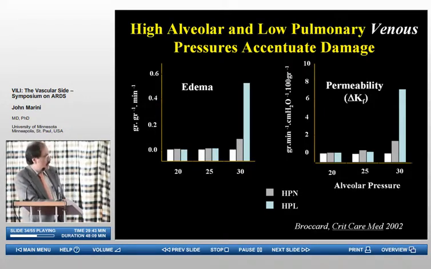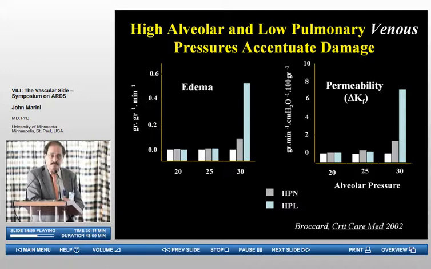In Brocard's study of lowering venous pressure, you can see that edema does not form and permeability does not occur if your alveolar pressure is in a reasonable range of 20 or 25 centimeters of water. But when you put sufficient stress on and lower the left atrial pressure, suddenly edema and permeability become an issue again.